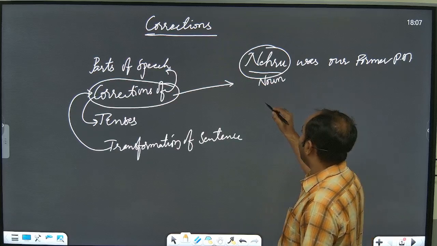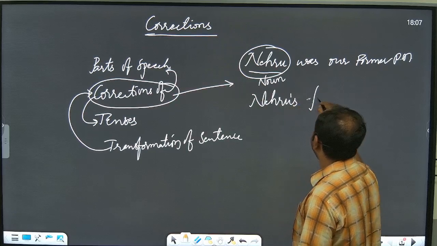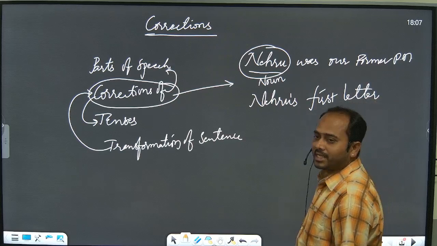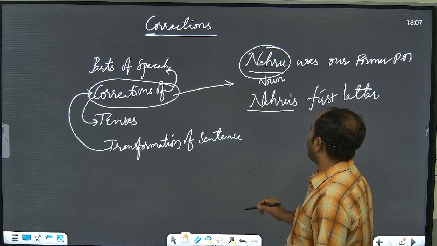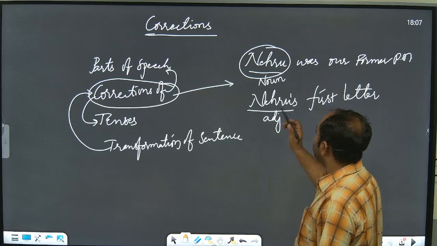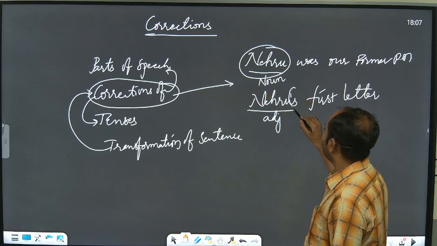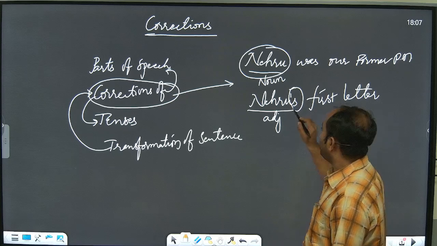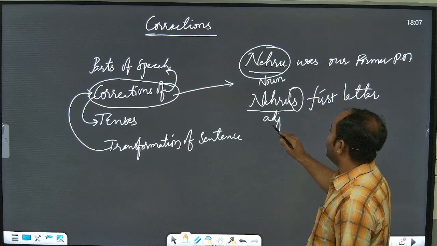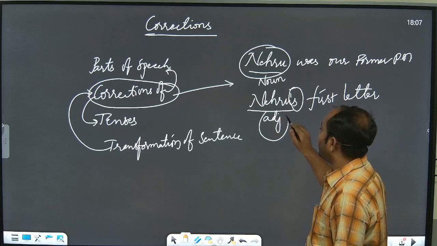But if I write the same example as Nehru's first letter, or Nehru's letters, when it is underlined, this will be considered an adjective. What is the difference here? Here only the name is mentioned, but here the apostrophe S is mentioned. When you mention the apostrophe S, that is considered the possessive form of the noun. So the possessive form of the noun is nothing but an adjective.